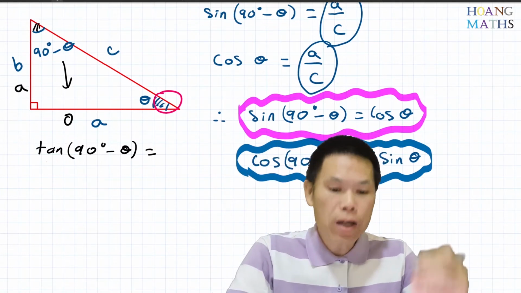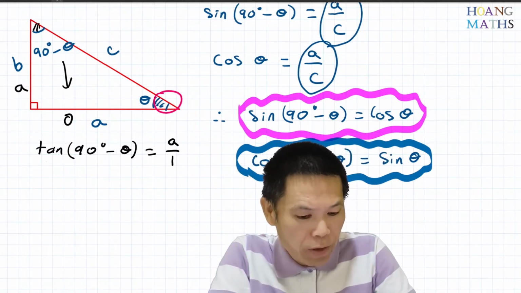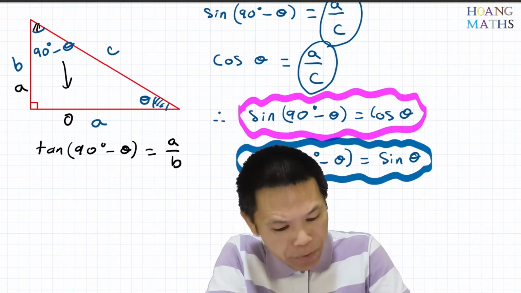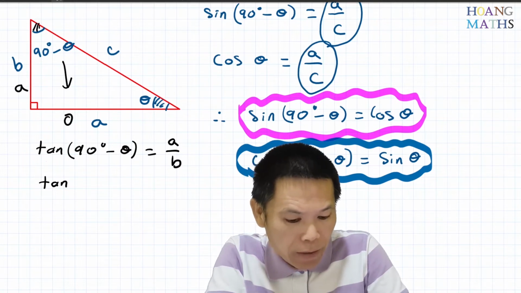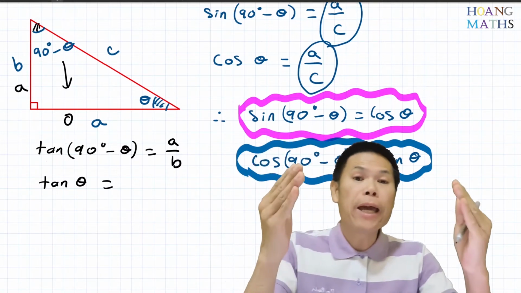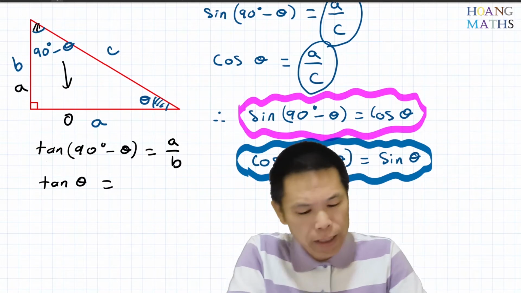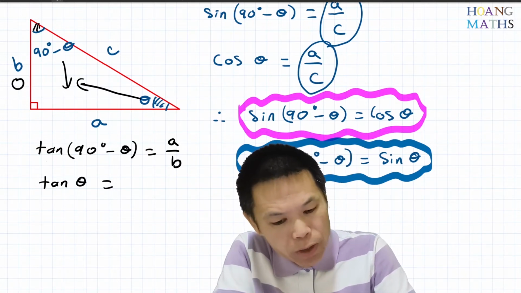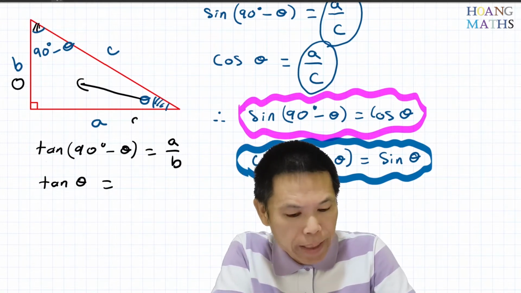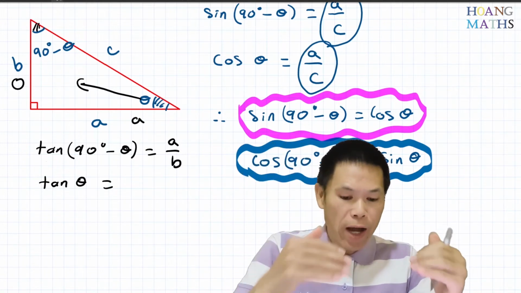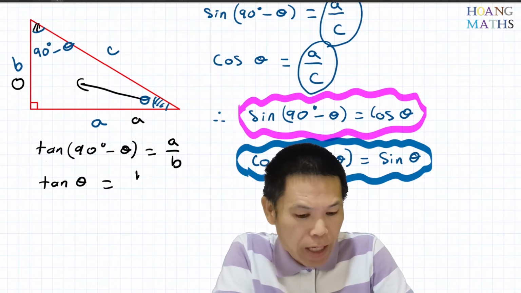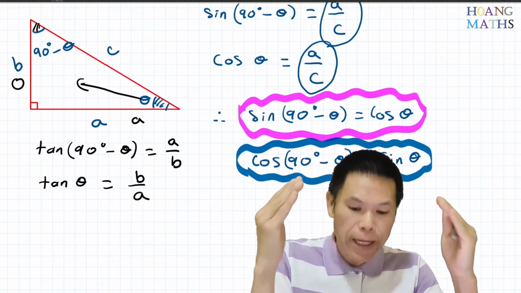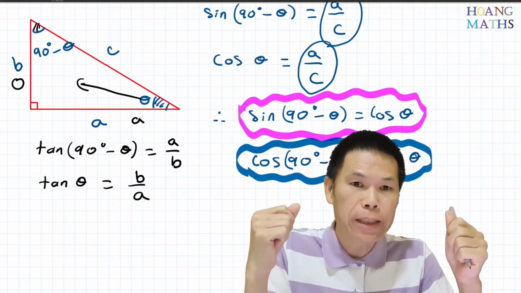So A over B. But then let's find out tan of theta. Tan is opposite over adjacent. In this case, this is opposite because this is the angle we're looking at, and this is adjacent. So B over A. So tan of theta is equal to B over A.